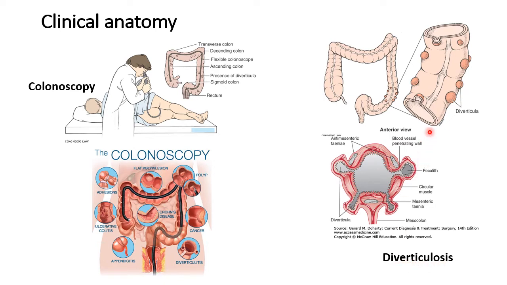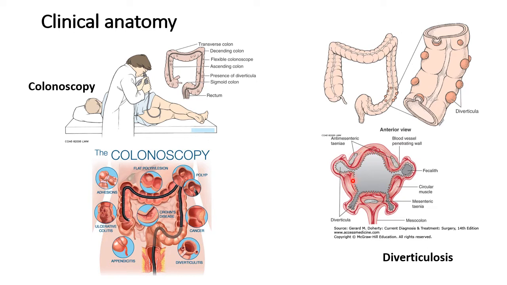One of the conditions that can also happen in the colon is the formation of diverticula, and that condition is called diverticulosis. And if these diverticula get inflamed, it's called diverticulitis. These diverticula are just bulging of the wall of the large intestine, and it happens in the places where there is no Taenia coli. So in a previous slide you saw something like this.